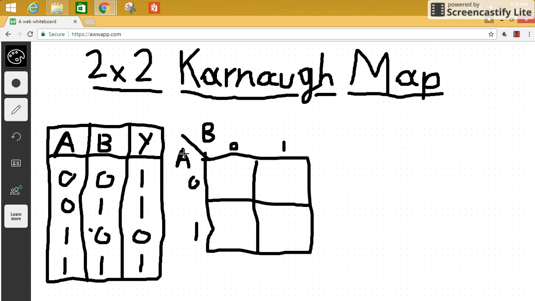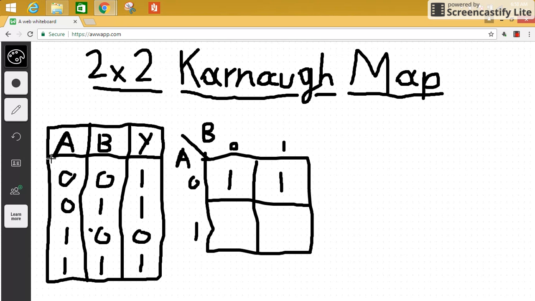So for A equal to 0 and B equal to 0, that is this box, we write 1 in this box. Similarly, for the second case, A equal to 0 and B equal to 1, we have an output of 1, so we write 1 here as well.